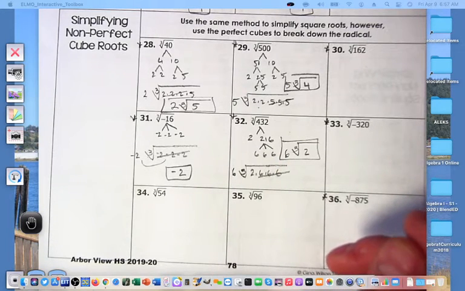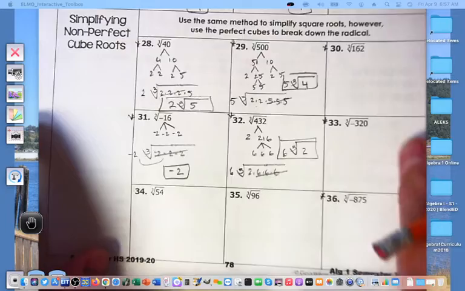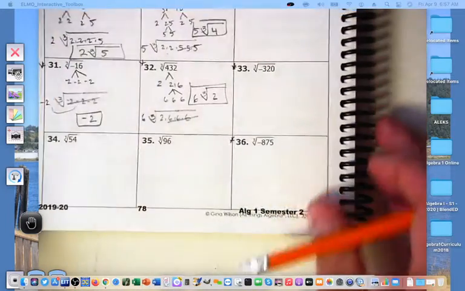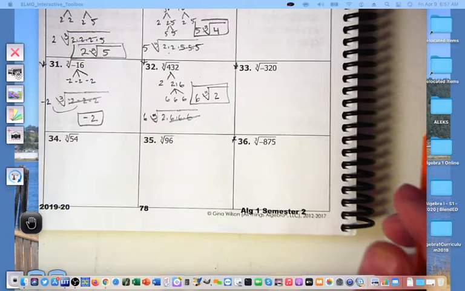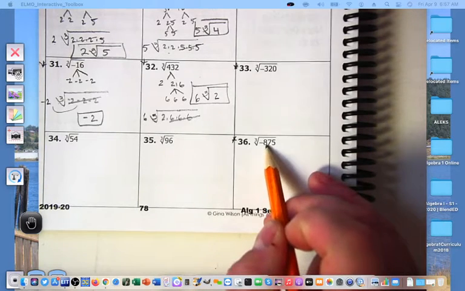Let's do another one here. Let's do one more. Okay, let's do problem 36. So problem 36, I've got a negative 875. So let's break this down into its prime factors. I went ahead and actually divided by negative 5.